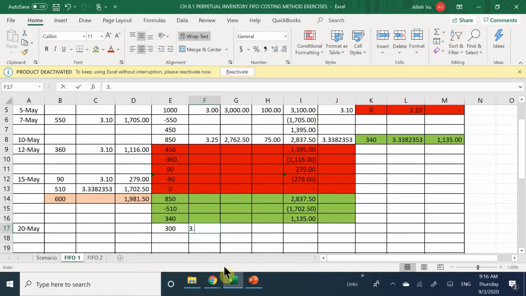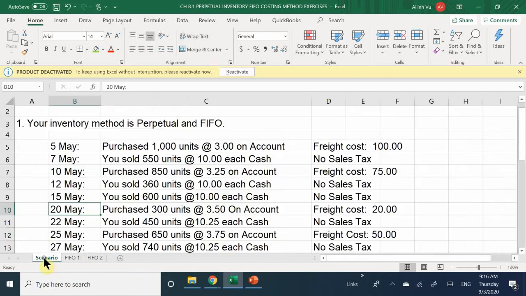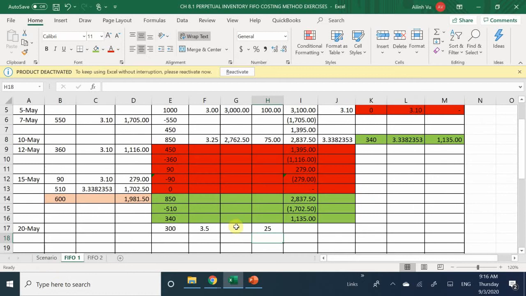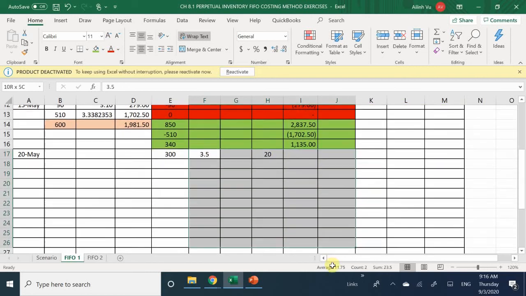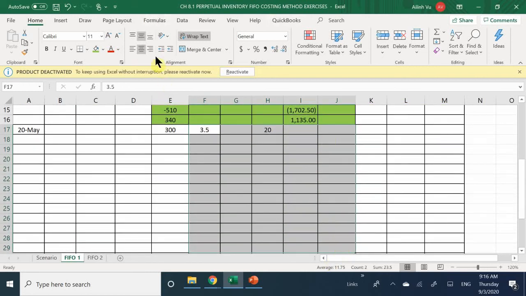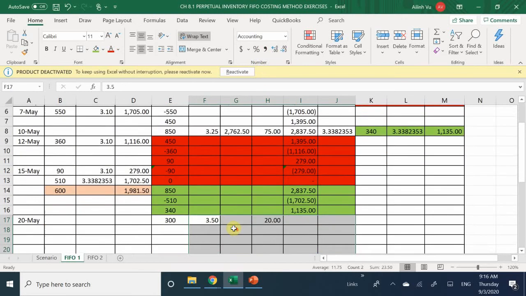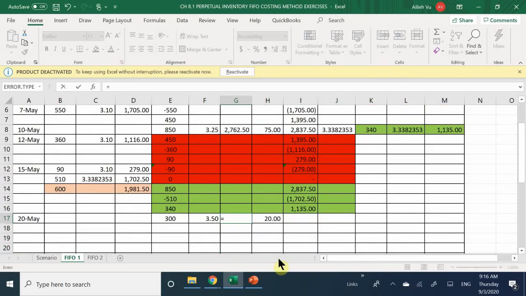$3.50, and our freight was $25. Is that correct? $25 freight? No, oh no, it's just 20. So here, I'm gonna go ahead and... okay. So what is my total purchases here? $1,050.